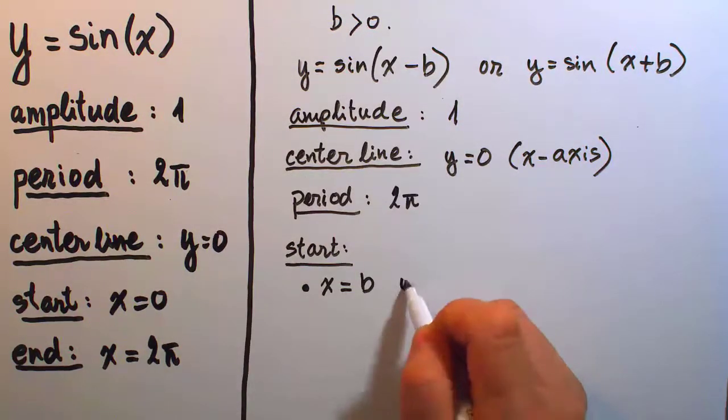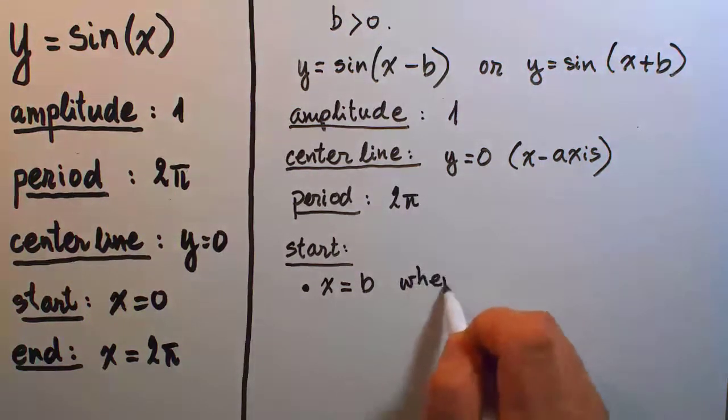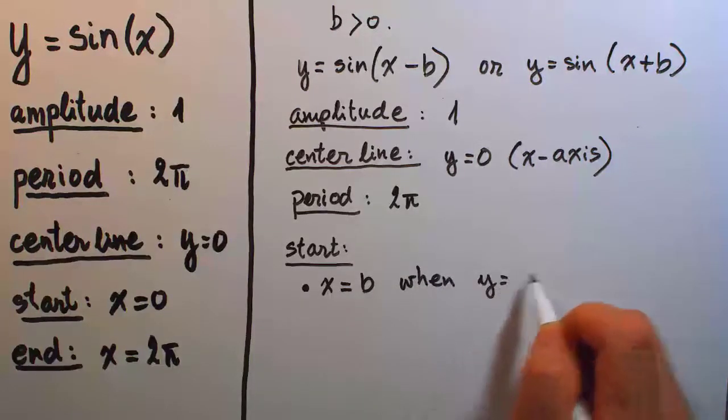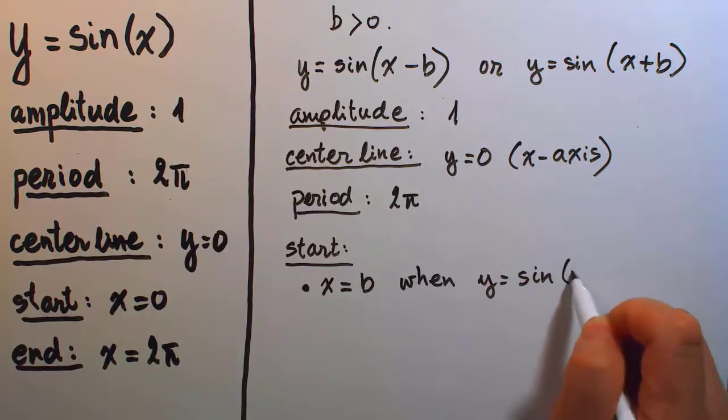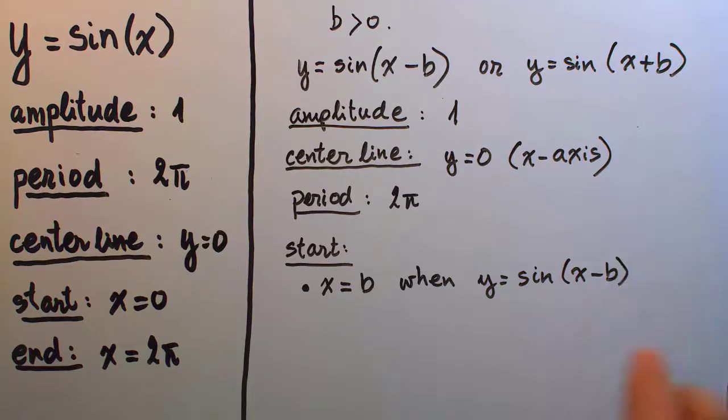It starts at x equals b when our function is sine of x minus b. So this is the part where a lot of times it looks quite counterintuitive for a lot of people learning this. But when it's x minus b inside of our sine function, then the graph actually starts at x equals positive b, or being shifted to the right-hand side.